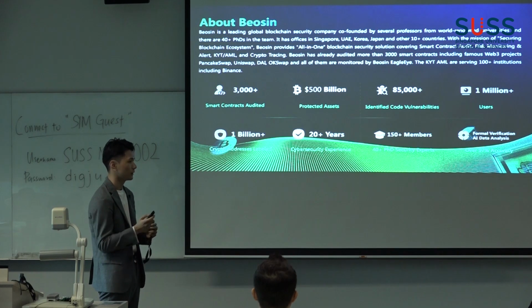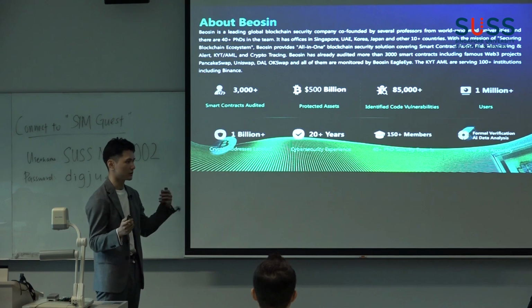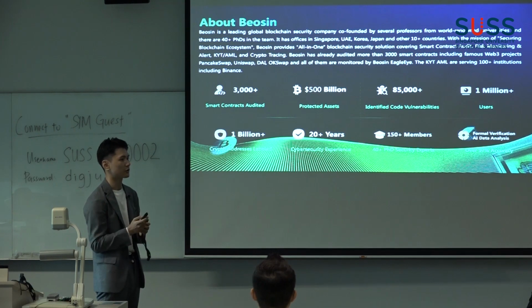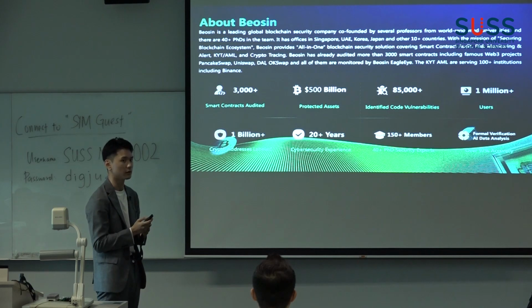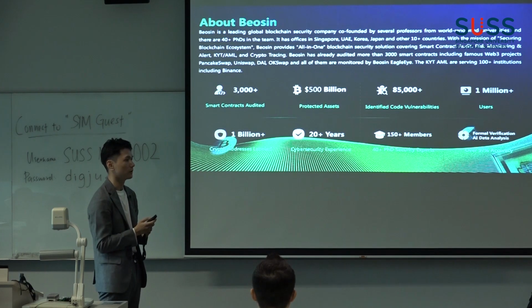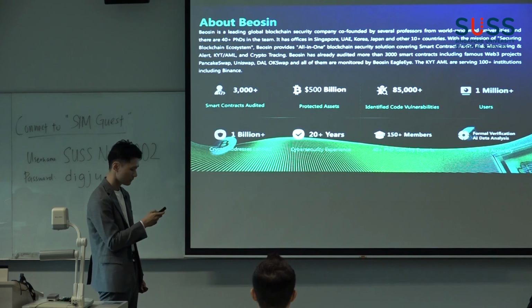Then we can use our alert system to make sure, for example, if there's a sanctioned address sending assets to an exchange, we can alert them and make sure that they comply with whatever regulations their government requires.